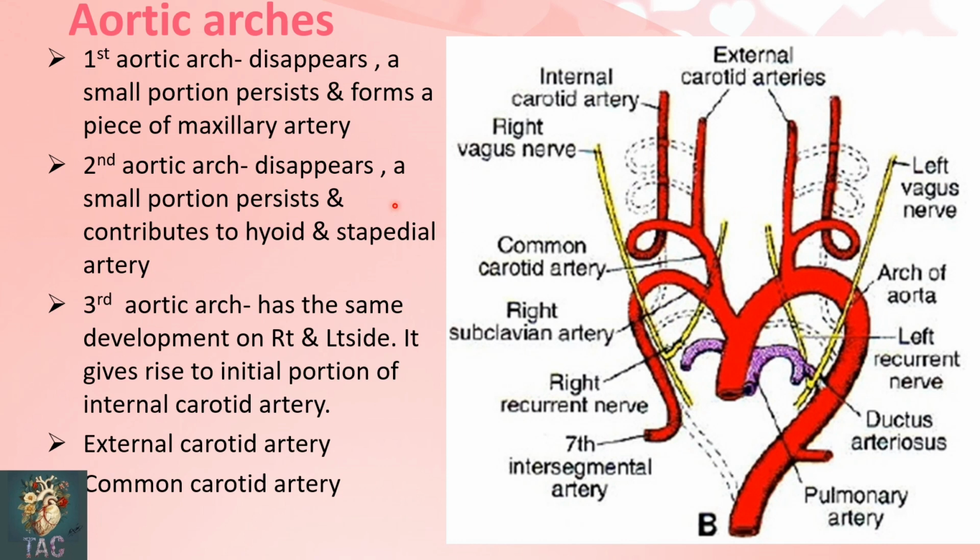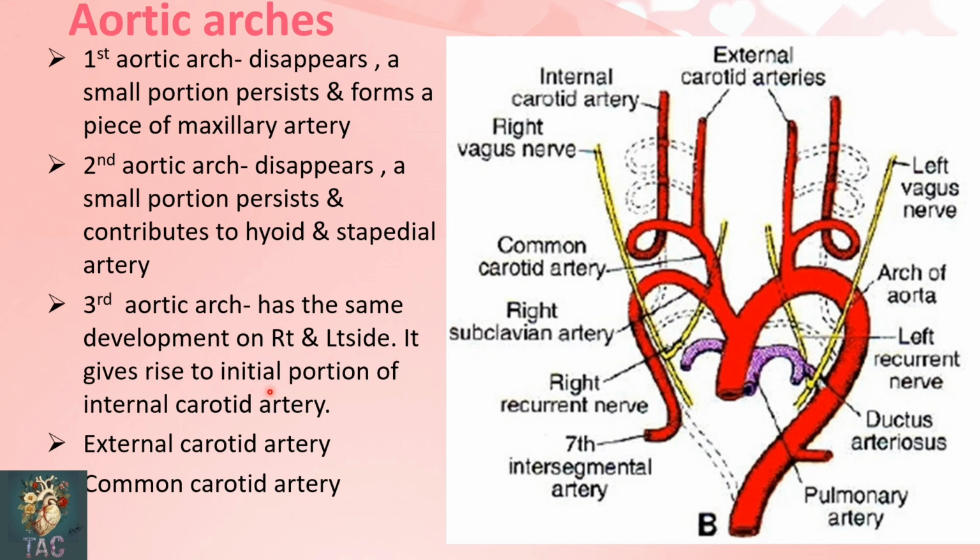So the first aortic arch disappears almost completely. A small part persists, forming a piece of the maxillary artery. Again your MCQ. The second aortic arch disappears. A small portion persists and contributes to the hyoid and stapedial artery. Again your MCQ. The third arch has the same development on the right and left.